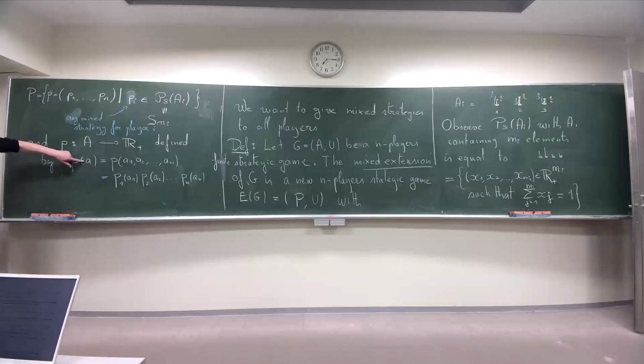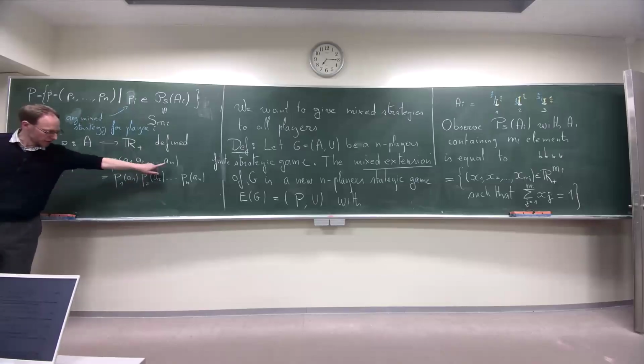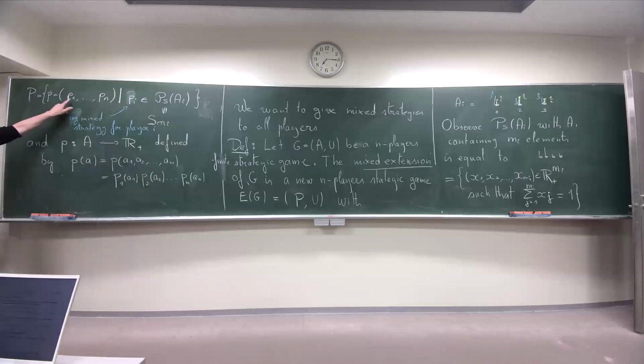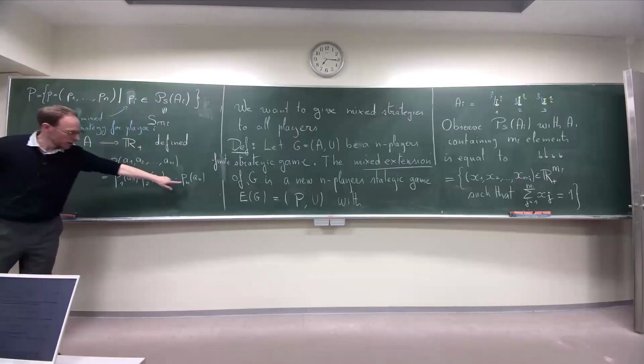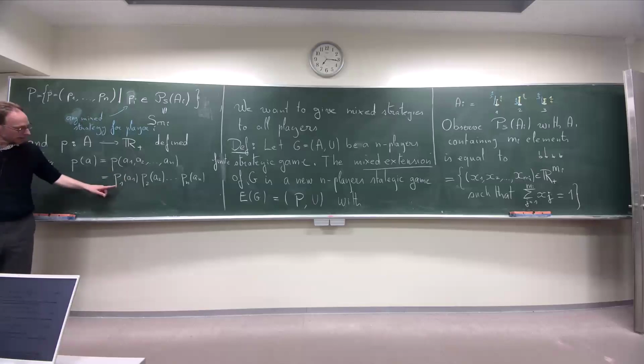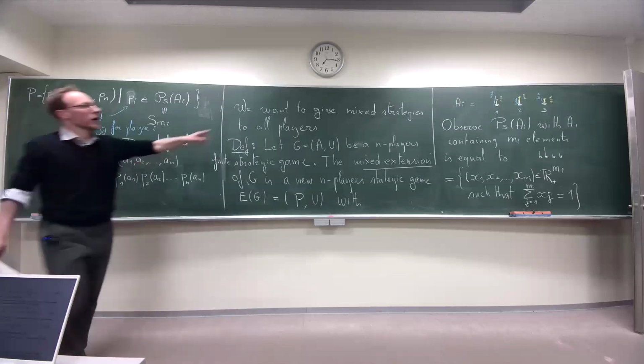It means a contains the strategy of the first player, strategy of the second player, and so on. I apply P. P itself is a vector. And you just take the first entry applied to the first one, second entry applied to the second one, up to the nth entry applied to the nth entry.